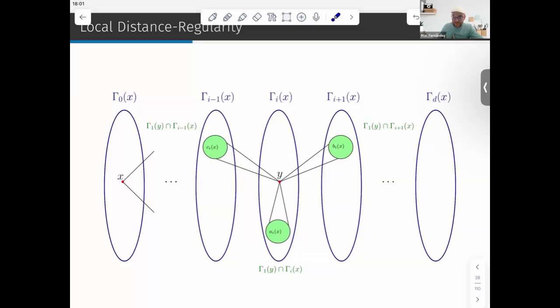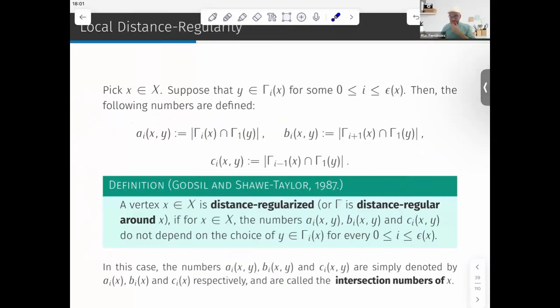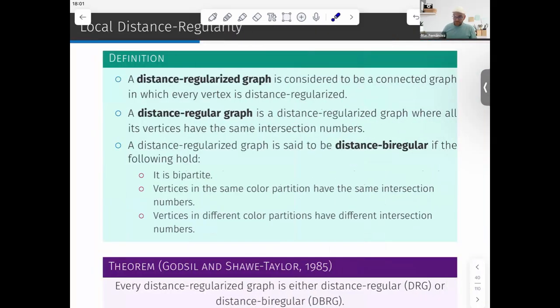And we simply write these numbers ai of x, bi of x, and ci of x. And these numbers are called the intersection numbers of our graph. If we now consider a graph, we will say that it is distance regularized whenever every vertex has this property.